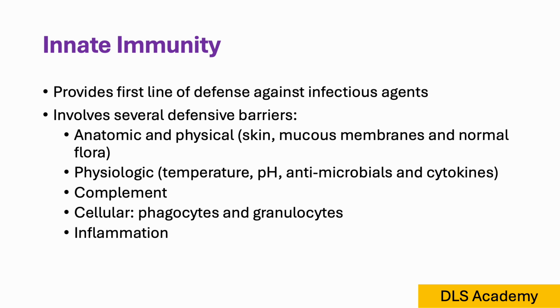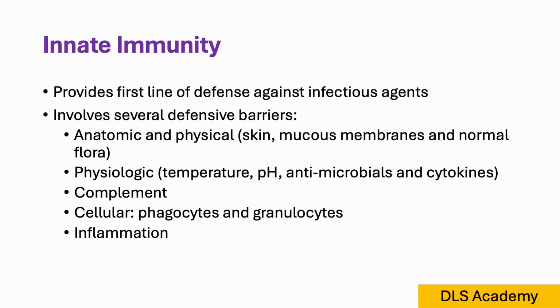So the innate immune response is going to provide us with the first line of defense against a variety of pathogens. There are several barriers that comprise the innate immune response. First, and probably the most important, is the simple anatomic barrier presented by the skin and mucosa.